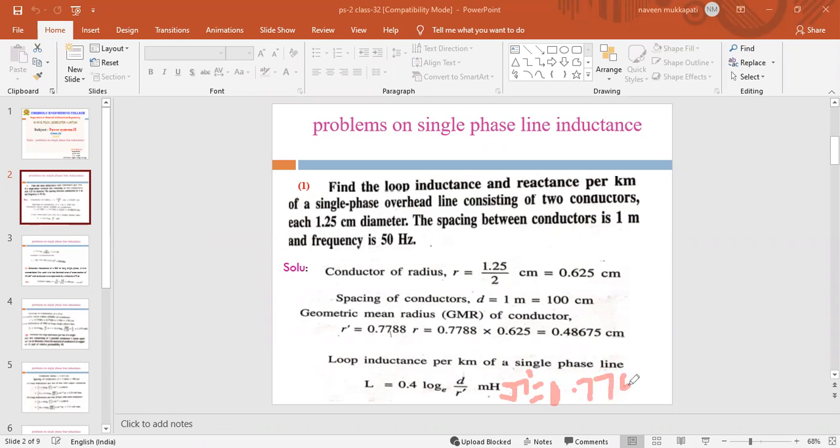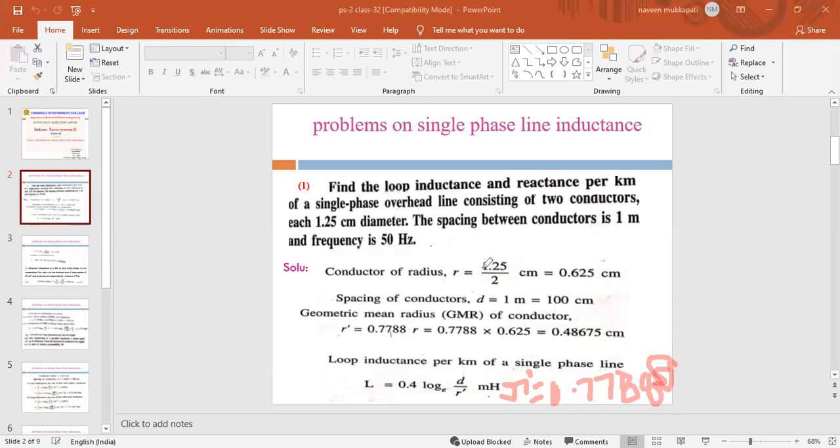R dash is equal to 0.7788 R, where R is the conductor radius.